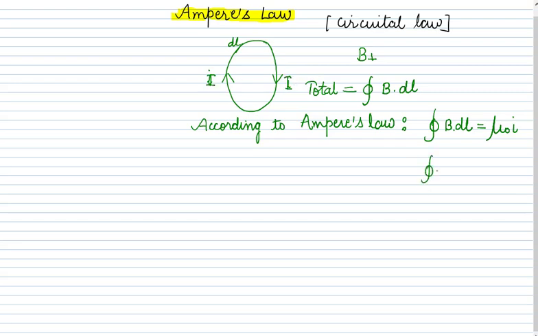So B dot dl is equal to mu naught I. This is the statement of Ampere's law: the total magnetic field through a closed surface is equal to mu naught times the current flowing through it.